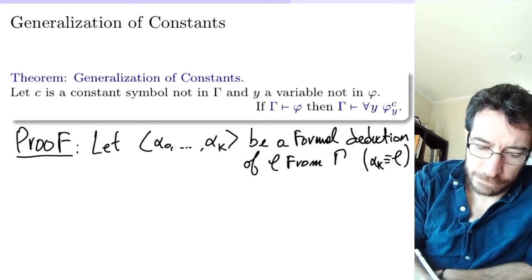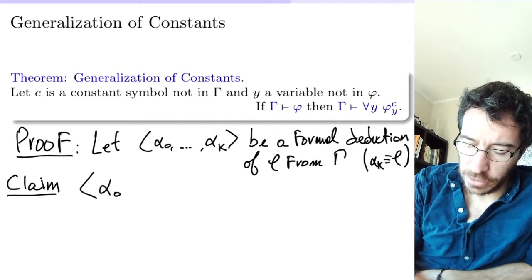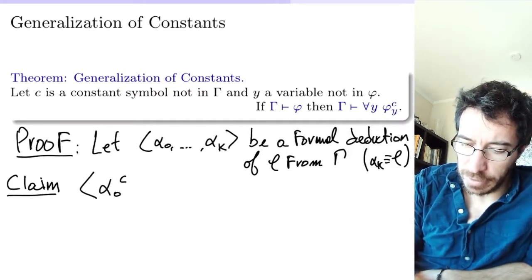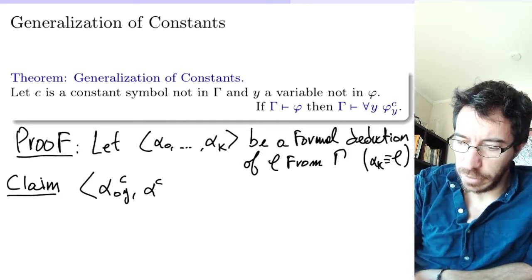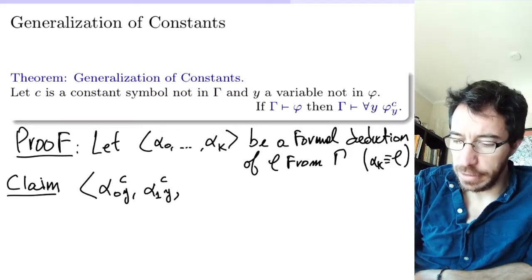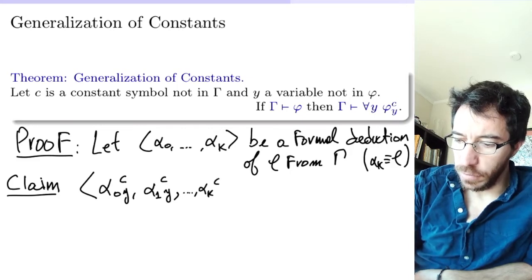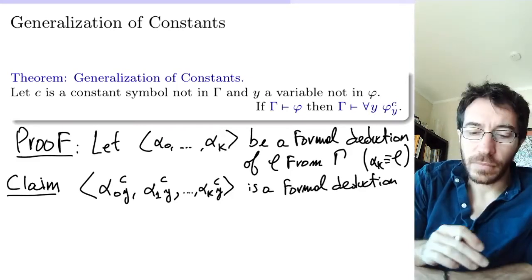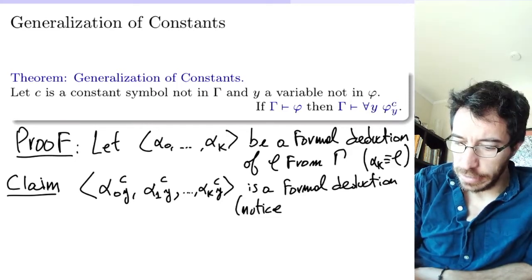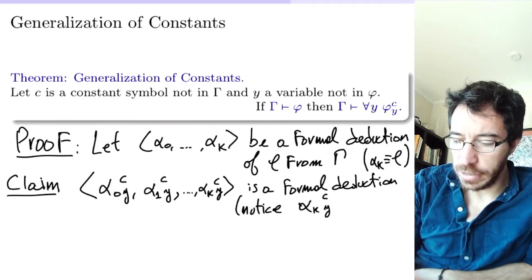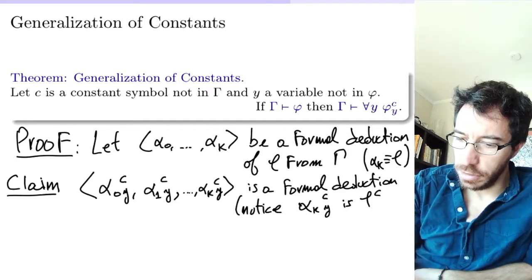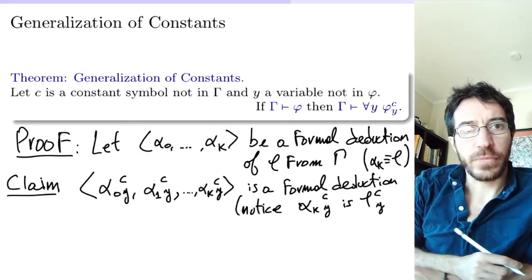We claim that if we take alpha 0 and replace c by y, then take alpha 1 and replace c by y, then alpha 2 and replace c by y, up to alpha k with c replaced by y, we get a formal deduction. And notice that in this case, alpha k with c replaced by y is essentially the same as phi with c replaced by y.